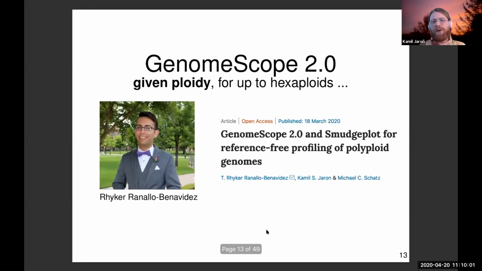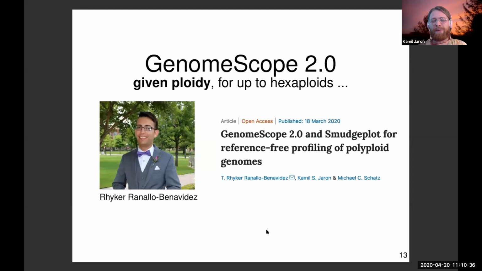So this is not that easy for polyploid genomes, and luckily we have smart people like Riker who are good at combinatorics and good at figuring this stuff out. So I actually had a bunch of polyploid genomes, and I was interested in characterizing their heterozygosity, and that was the moment when I contacted the authors of the original GenomeScope paper, and they said, hey, we have a polyploidy tool already ready, and it was really great.